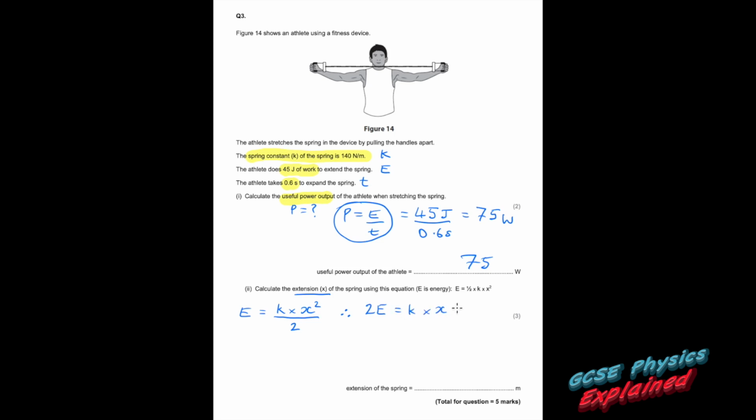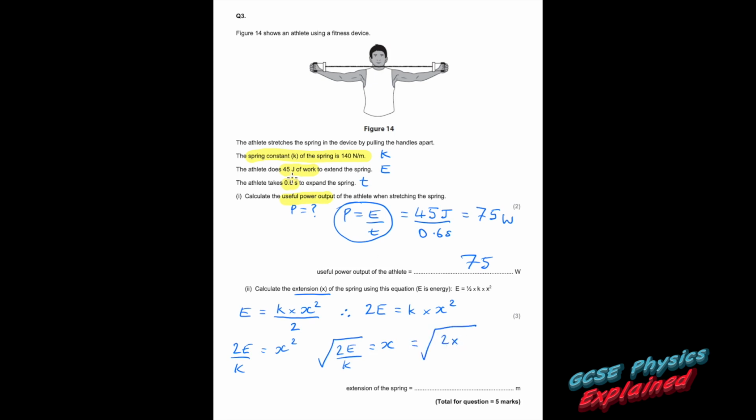Now I just need to divide both sides by K, and that'll get rid of the K on the right hand side. I don't want x squared, I just want x, so I square root both sides, and that'll get rid of the square.